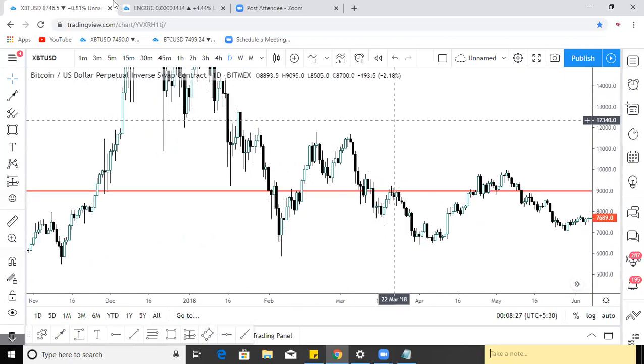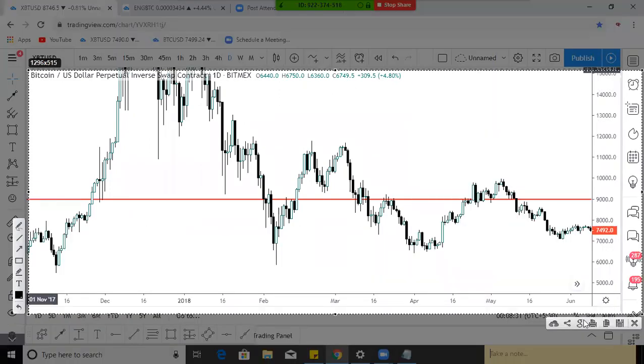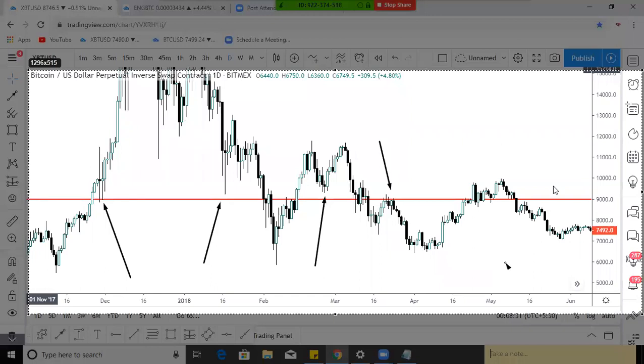When the last time price was in this range, this level has worked pretty well, many times. It worked as a support, resistance, support, resistance. So you can see the same level in 2017 and 2018 has worked very well.